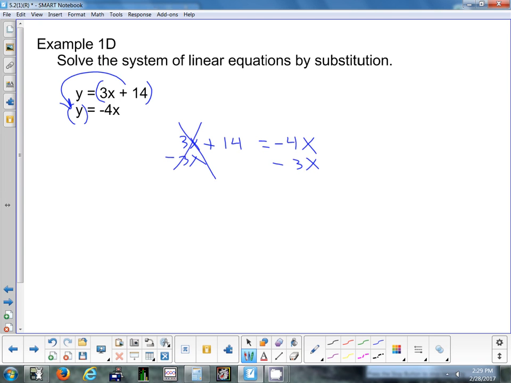Now you just got rid of all the x's on the left. What's the only thing that's on the left-hand side now? 14. What's negative 4x take away 3x? Negative 7x. And what is my last step? Yep, divide by negative 7.